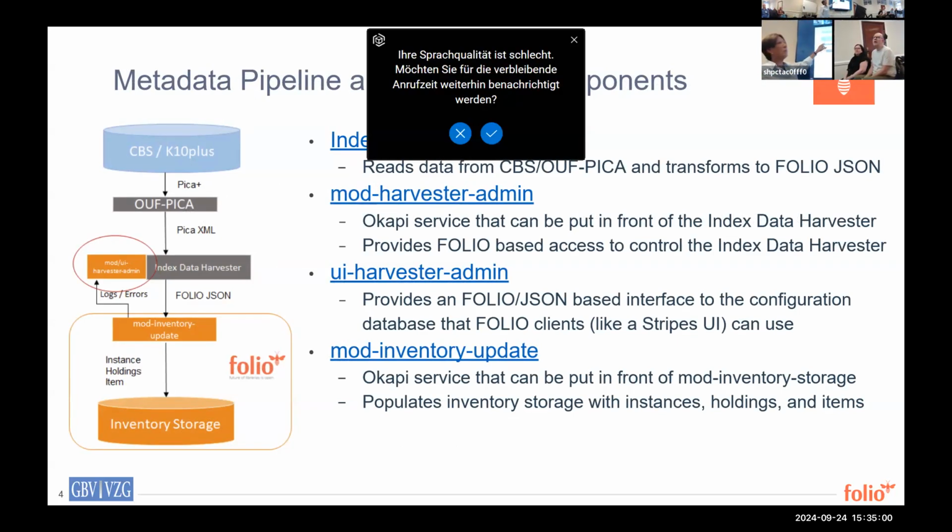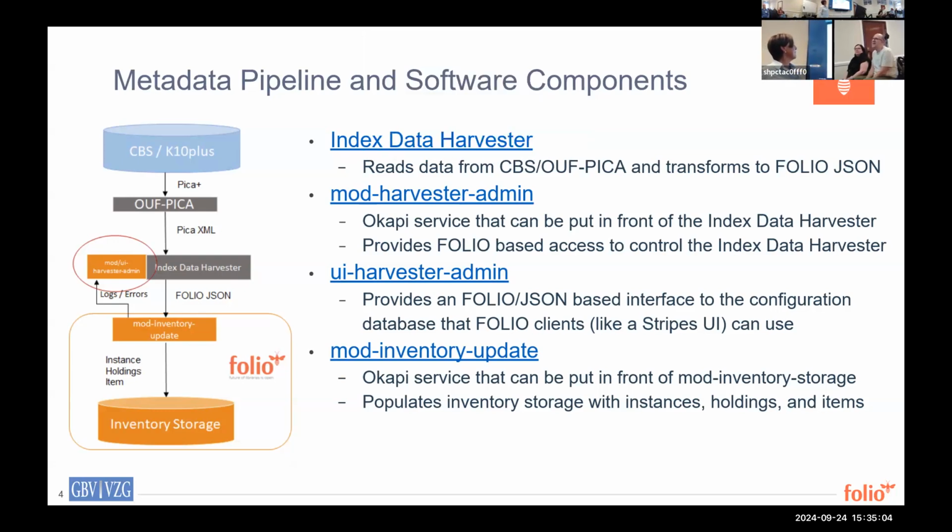There are different components, and one of them is the mod and UI harvester admin module, which we are talking about today. This module also has a UI, UI harvester admin. Mod harvester admin is an Okapi service that can be put in front of the Index Data harvester, the one that transforms Pika XML to FOLIO JSON.